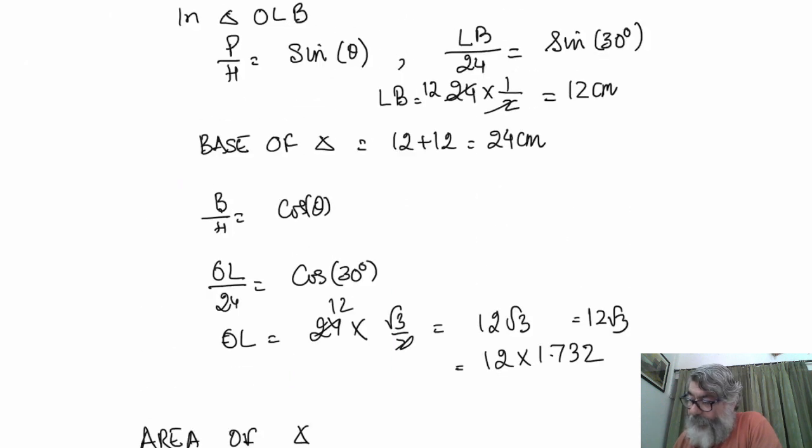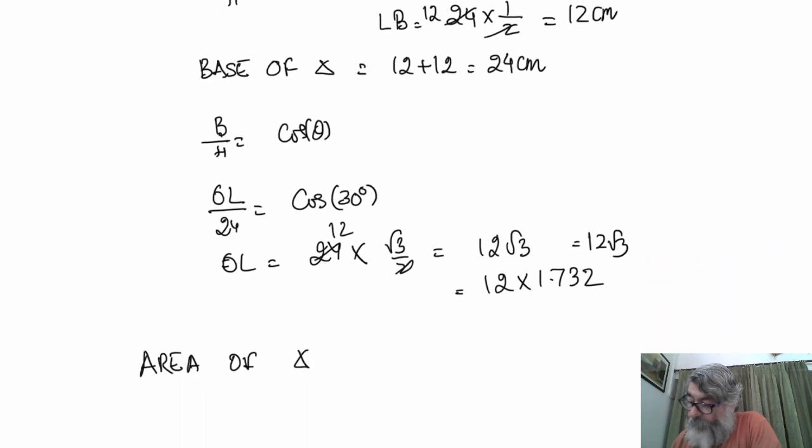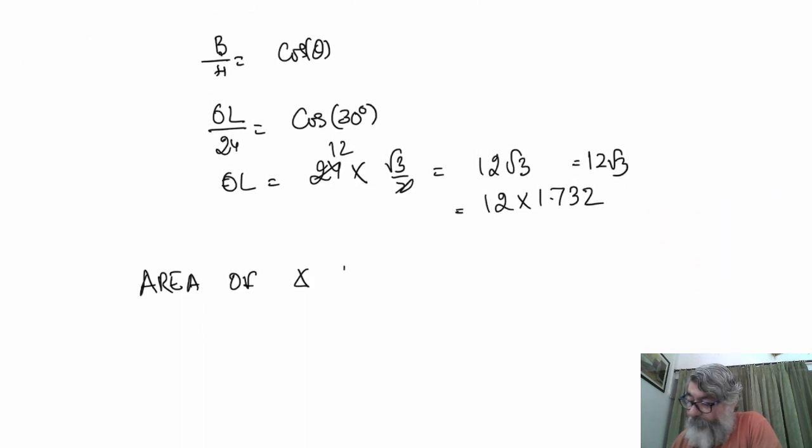Area of triangle, which triangle? OAB. OAB will be half base, which is 24, and height is 12 root 3.